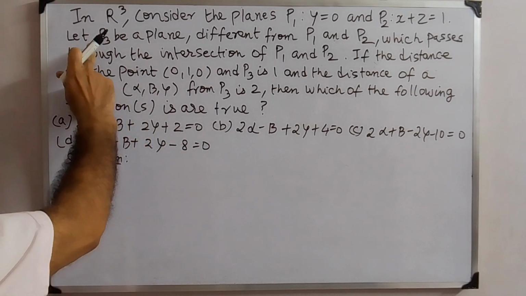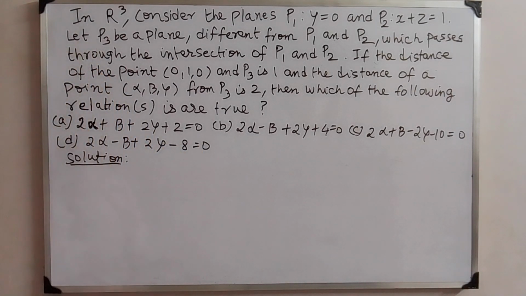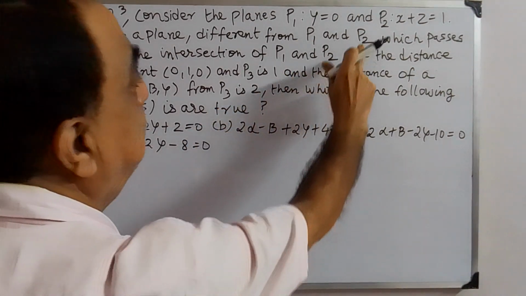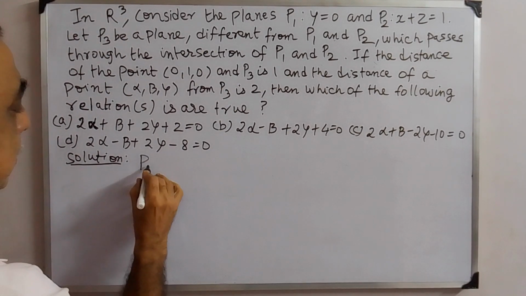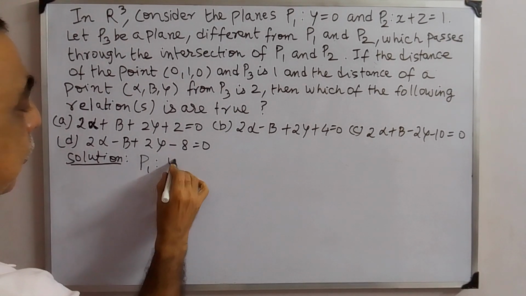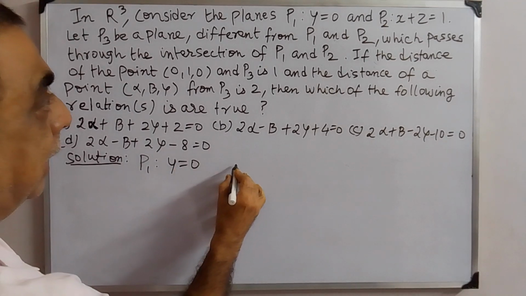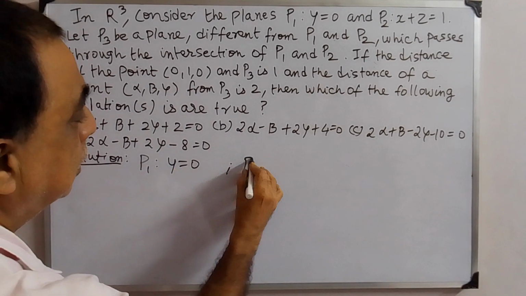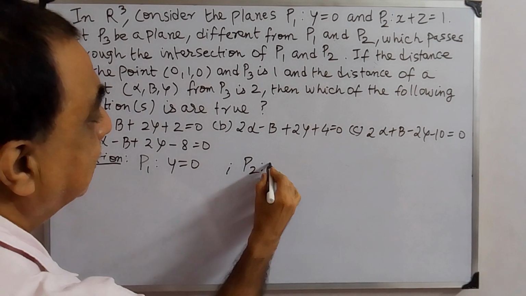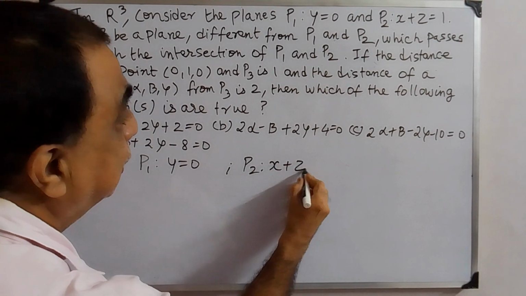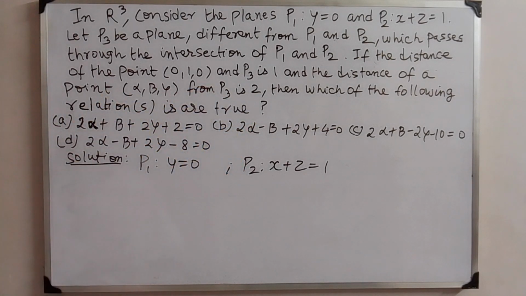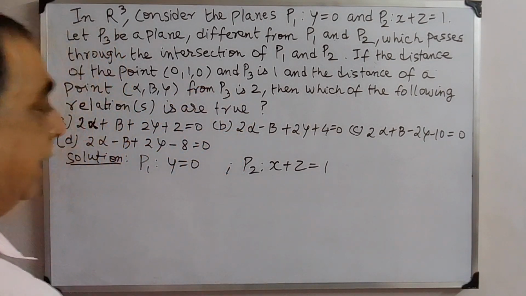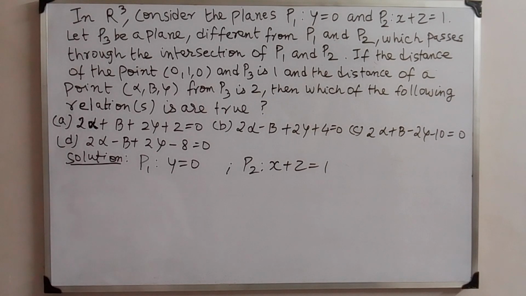The sum is saying that there is a plane P3 which is passing through the intersection of P1 and P2. The P1 equation is y equals 0 and the P2 equation is x plus z equals 1. Now P3 is passing through the intersection of P1 and P2.